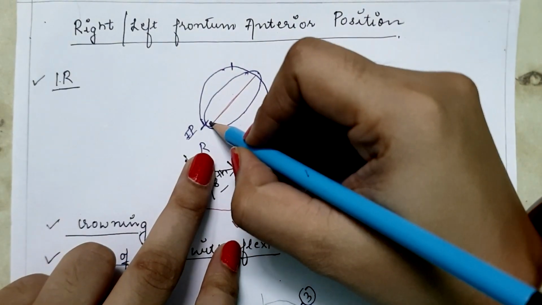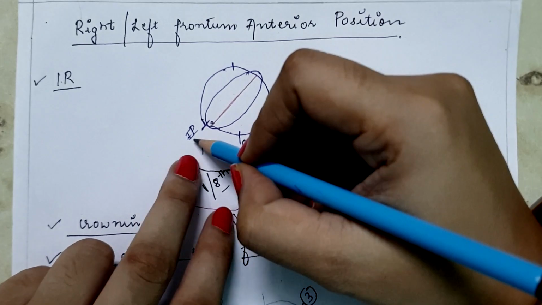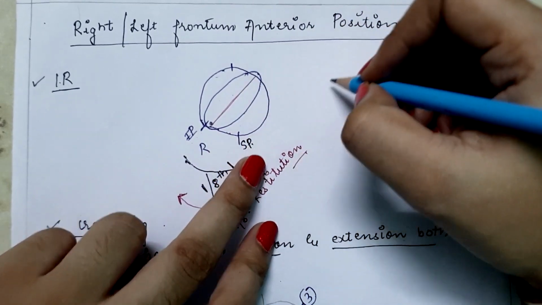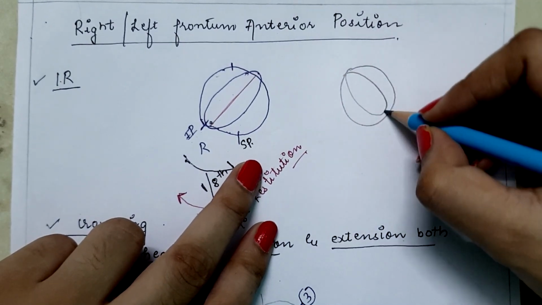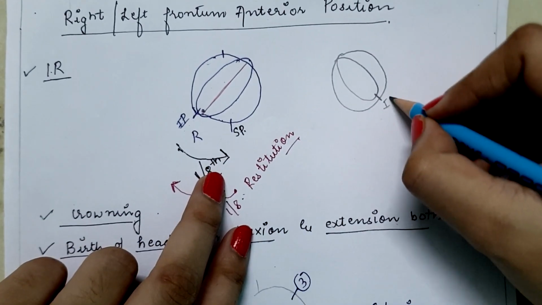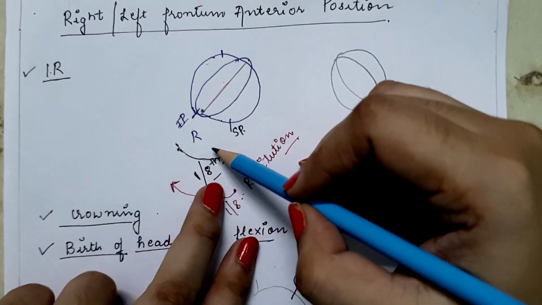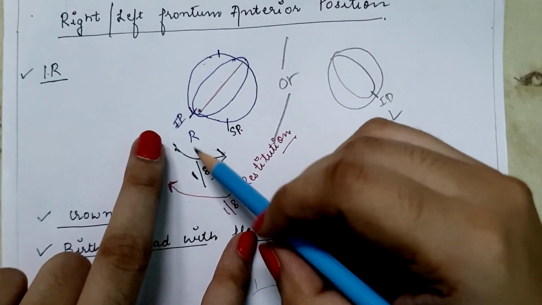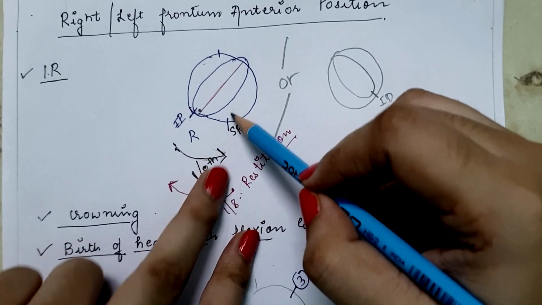That is, when the frontum lies in relation to the right iliopubic eminence or the left iliopubic eminence, the head rotates 1/8 of the circle so that the frontum comes behind the symphysis pubis.